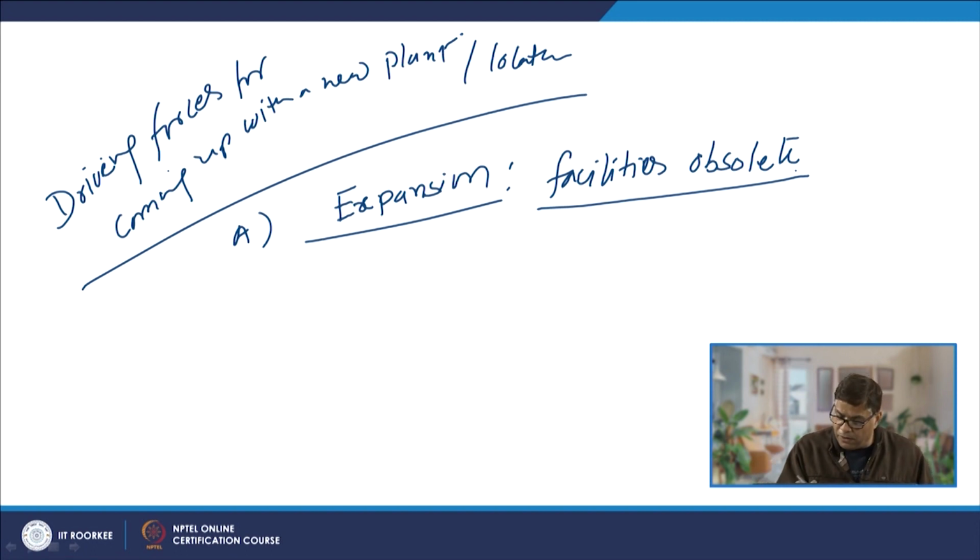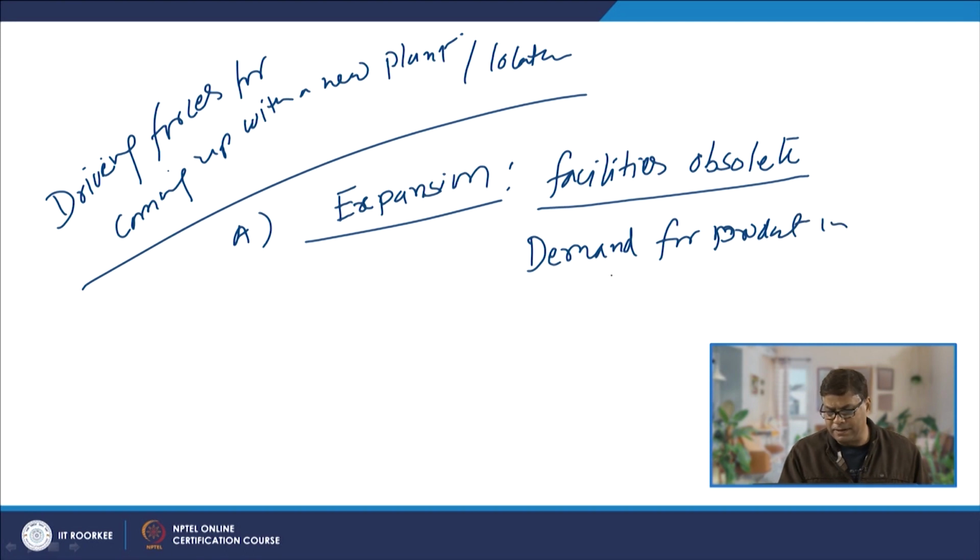Or the demand for the product in the market of the company has increased beyond its capacity. So, it is simple to say that the demand has exceeded the capacity.